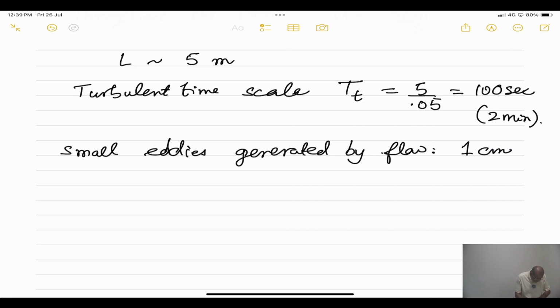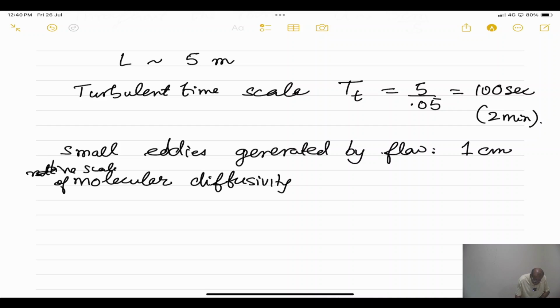Now, what will be the rate or time scale of molecular diffusion of this small eddy?